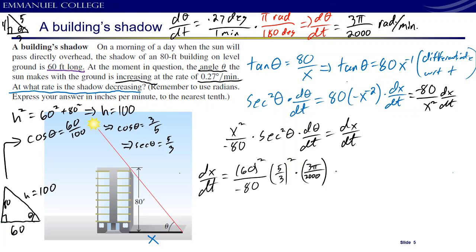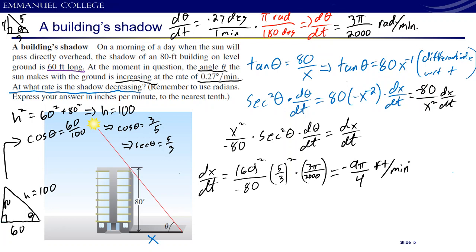And after all of that, that will equal negative 9 pi over 4, as long as I didn't make a stupid math error. Negative 9 pi over 4 feet per minute.